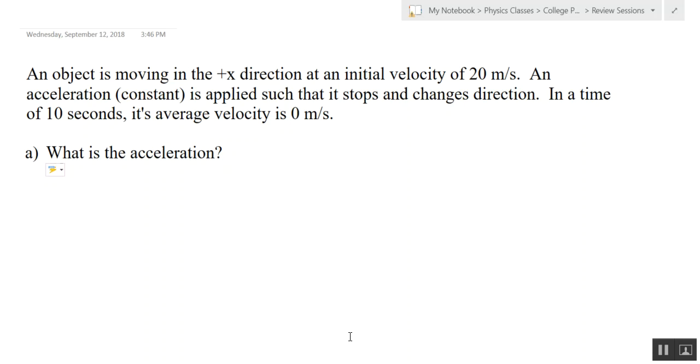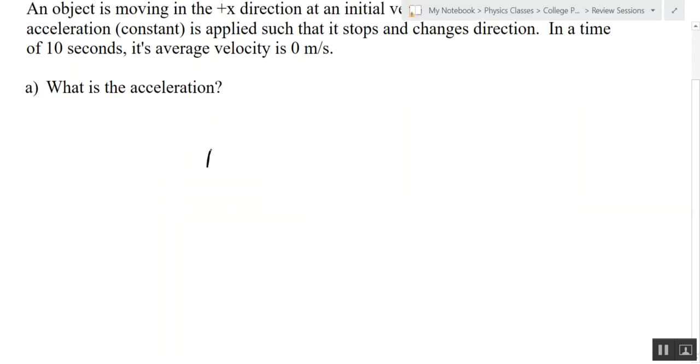Well, I don't remember the numbers, but does anyone remember what it is? This one, right? So this is 0 for this particular problem because the displacement is 0 because the average velocity is 0.